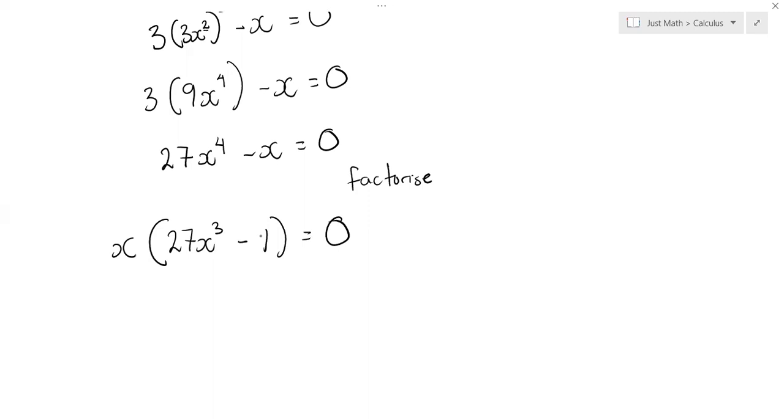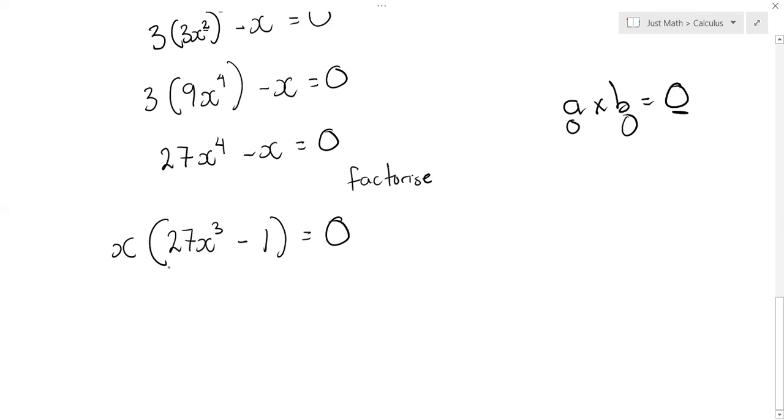What does this mean? Just imagine if you multiply two numbers, a times b, to give you 0. It means at least one of them must be 0. If a times b gives you 0, it means either a is 0 or b is 0, or both can be 0, but at least one of them must be 0.